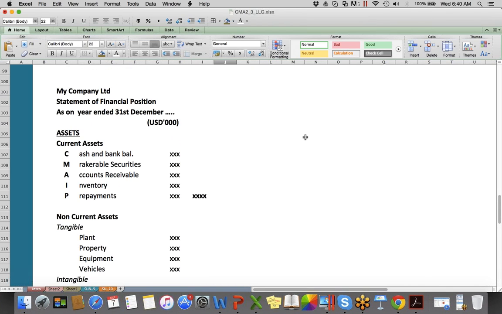The second important financial statement is the balance sheet. The balance sheet is also called a statement of financial position. It tells us the financial position of the business, whether a business is highly leveraged by external debt or by owner's money in assets.